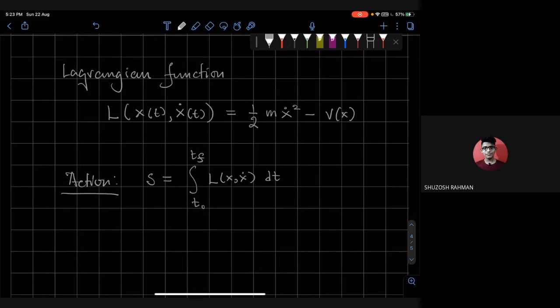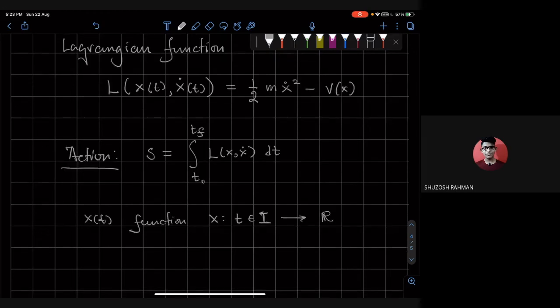Now see that x of t is a function, right? Because what does x do? It takes you from the interval t, which is in some interval, and maps you to the real number, which is x, right? Similarly, the Lagrangian is a function of two functions, and therefore it is also a function.